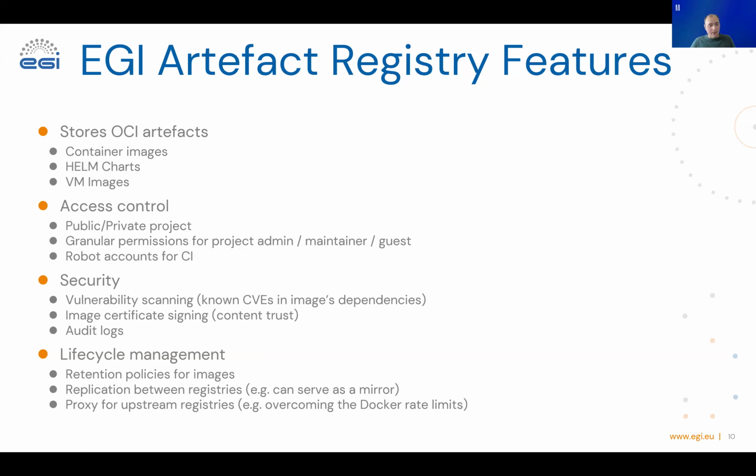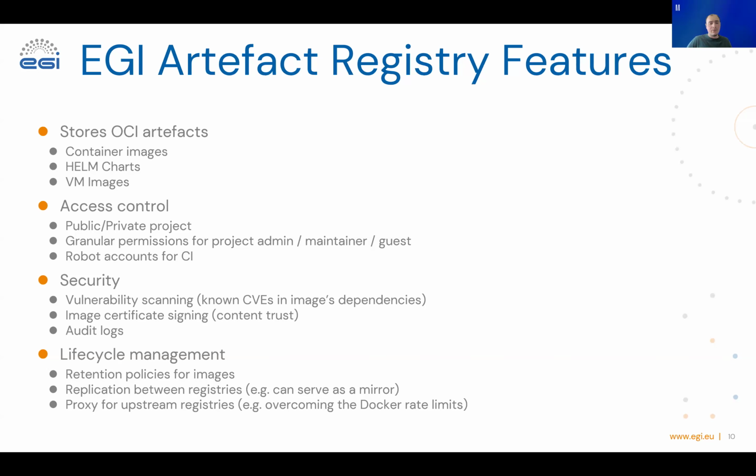a point to share. And then it can act as a proxy for the upstream registries, for example, for overcoming the Docker Hub rate limits. So the EGI Artefact Registry can serve as a cache between Docker Hub and its own infrastructure.